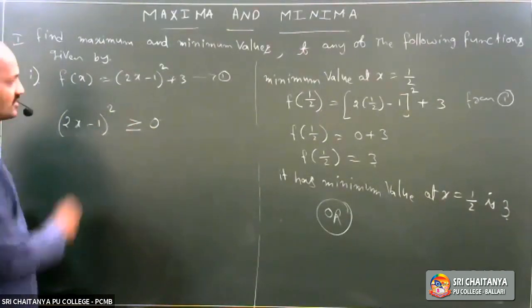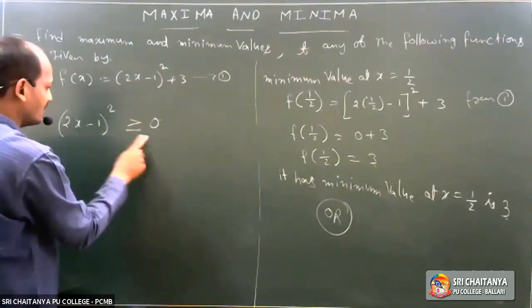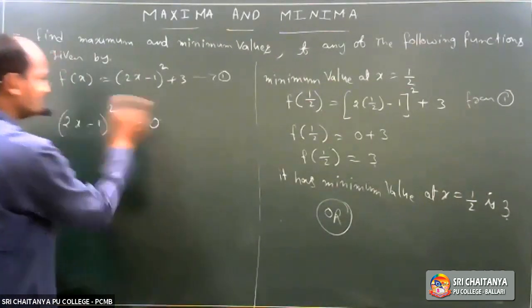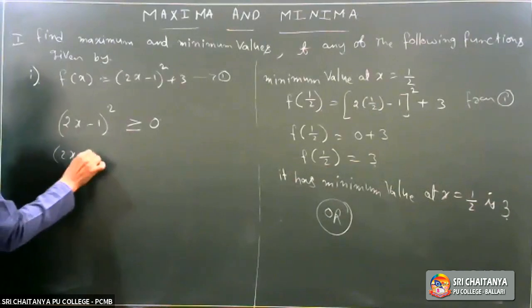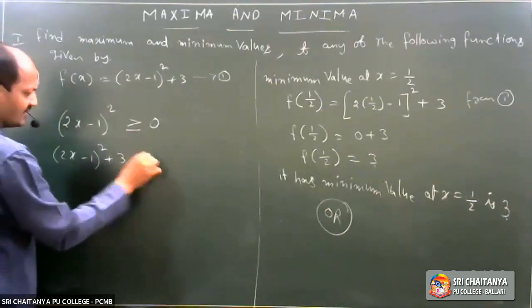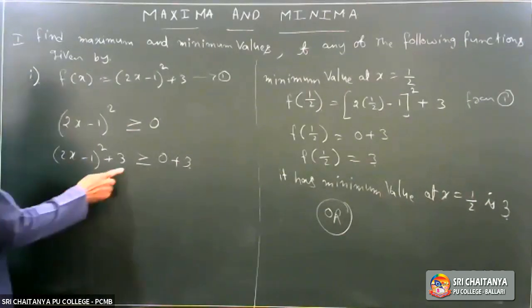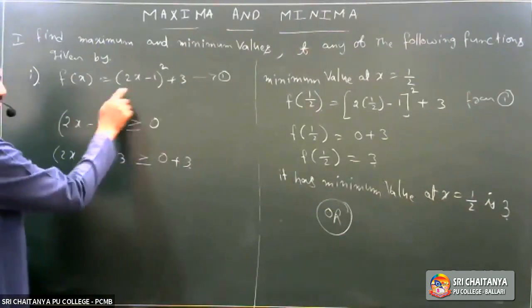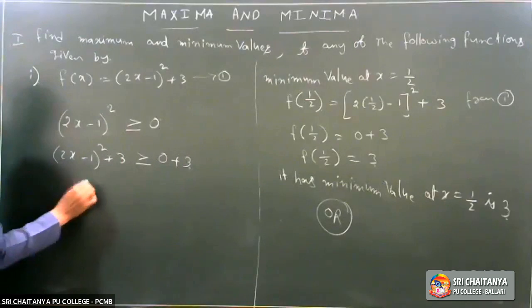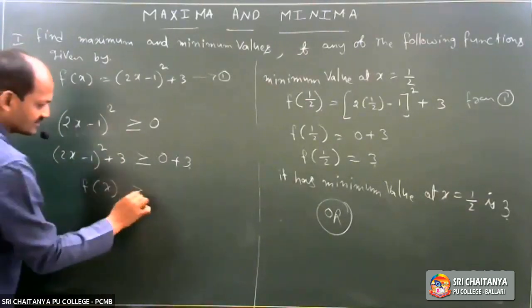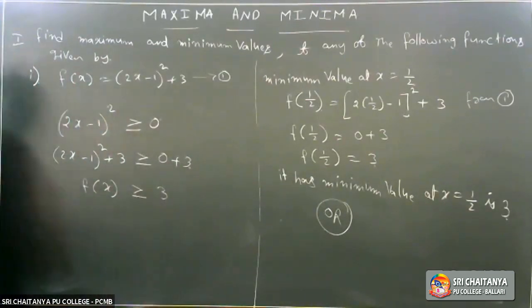So 2x minus 1 whole square plus 3 is greater than or equal to 0 plus 3. So clearly f of x is greater than or equal to 3.